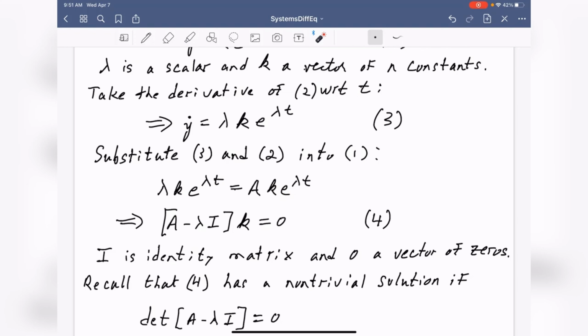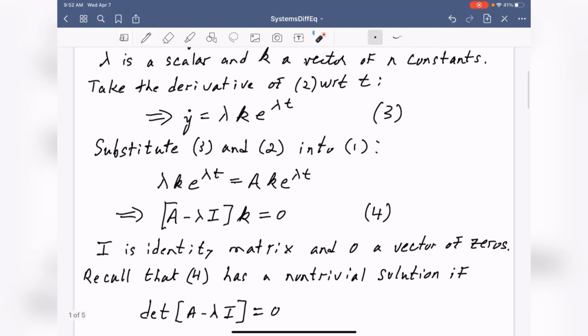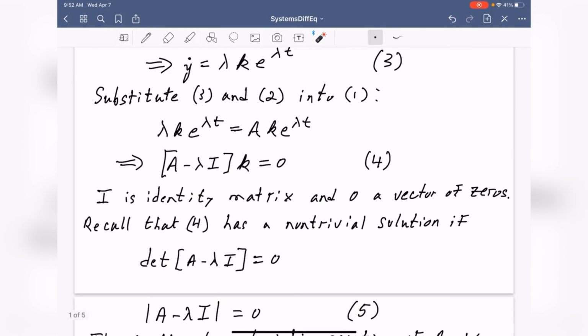In other words, either k is 0 or this expression A minus lambda I, where I is an identity matrix and 0 is a vector of zeros. Recall that 4 has a non-trivial solution only if the determinant of A minus lambda I is equal to 0.